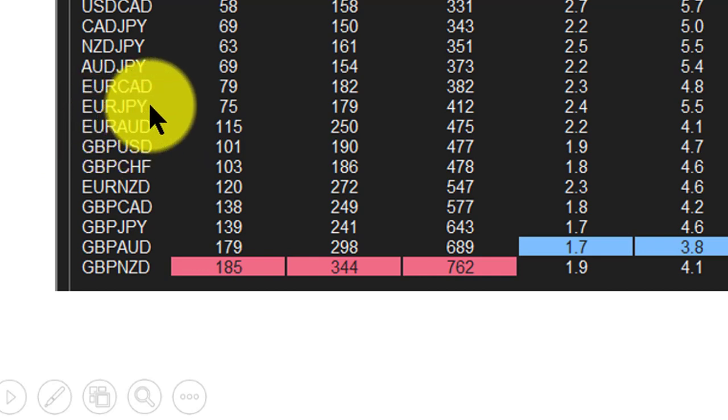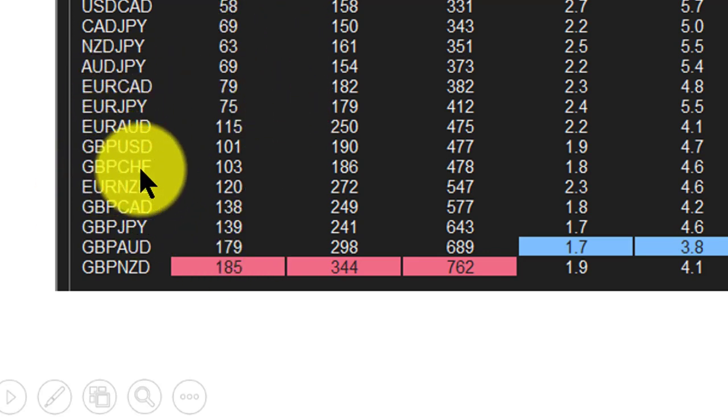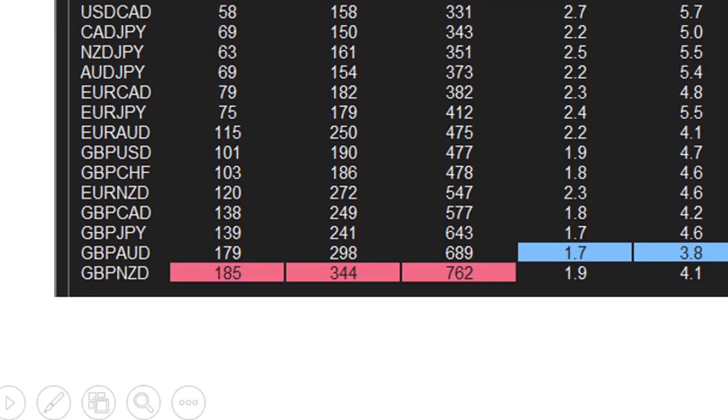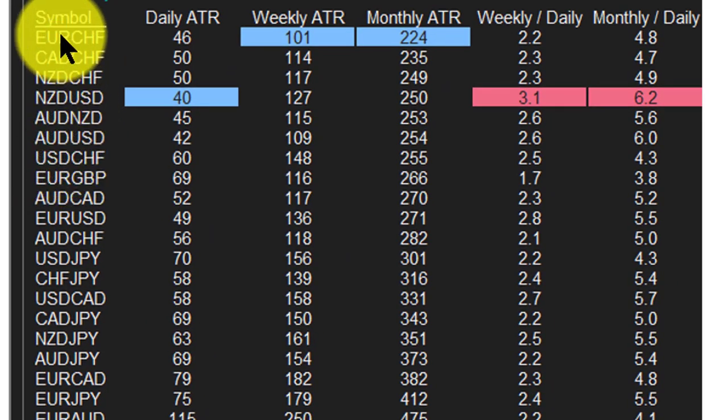The euro yen is in a different region. The euro CAD is in a different region. So all the high volatility ones, except the one over here, are from different regions. And all the low ones, the euro franc, the Aussie New Zealand, the euro pound, and there are some exceptions there, but in general, that classification that I've made there does apply.